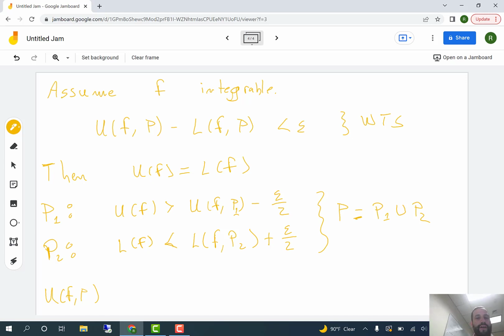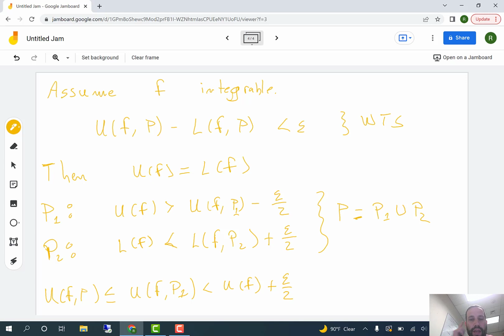So I know that U(f,P) is going to be less than or equal to U(f,P1). And this inequality here says U(f,P1) is less than U(f) plus epsilon over 2.